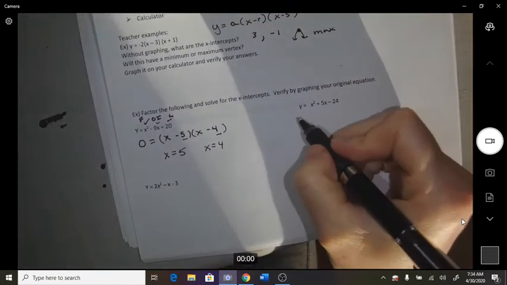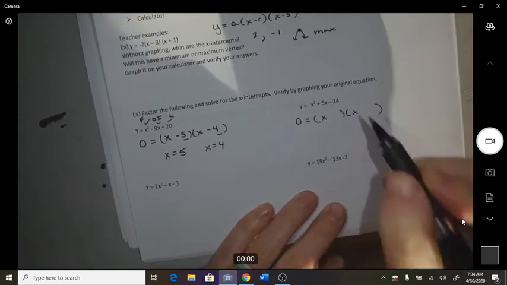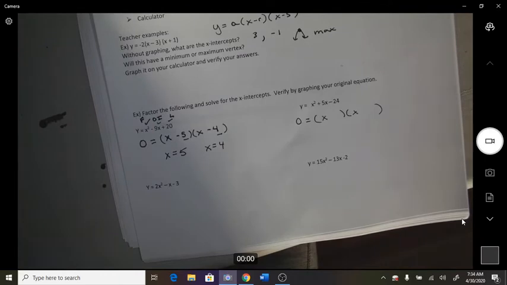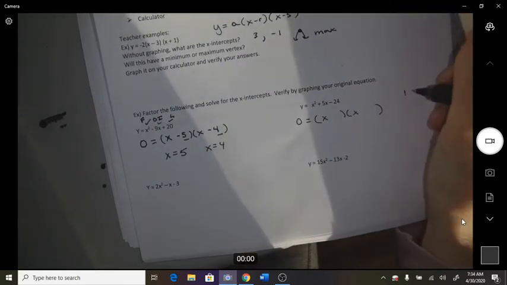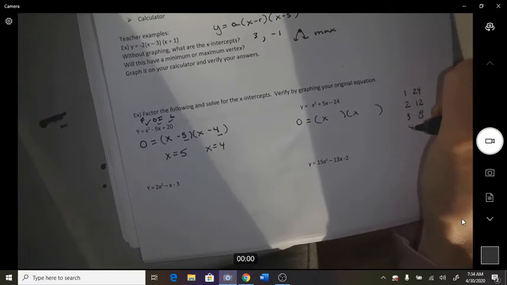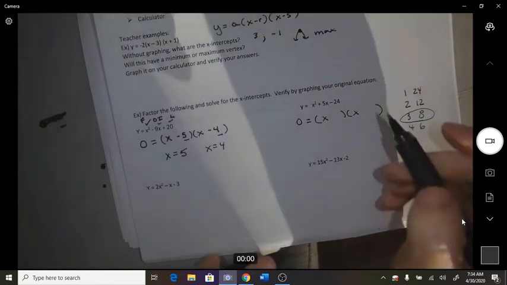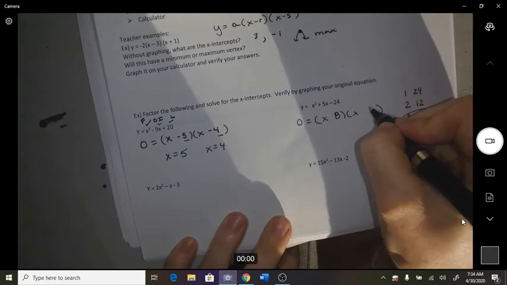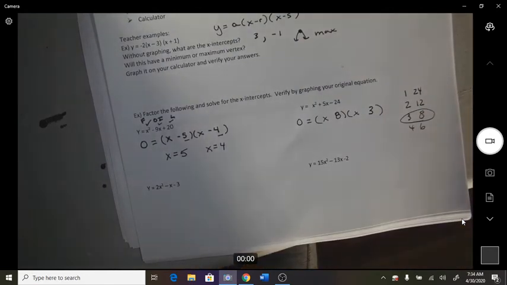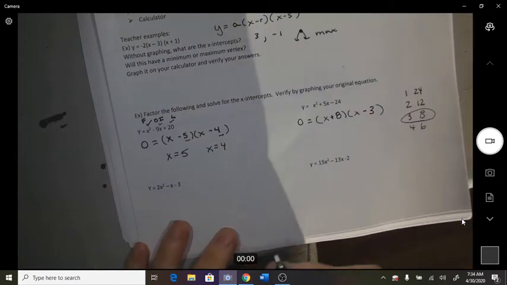Okay, next one, so 0, 2 brackets, needs to multiply to 24. 1 and 24, not going to get a 5. 2 and 12, 3 and 8, 4 and 6. So it looks like 3 and 8, I could get a 5 out of that. So I need to have a positive 5, so positive 8 and negative 3.